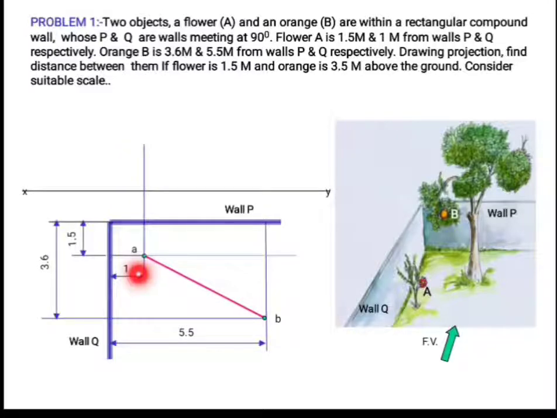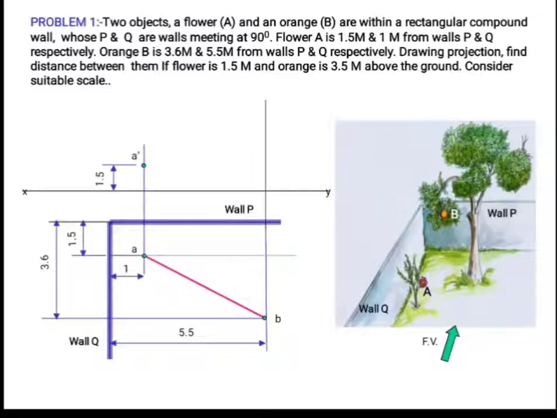Now we know A and A dash will be on the same vertical projector. So through A I am drawing a vertical projector, and the height of the flower is given as 1.5 meter from ground. So marking 1.5 meter and getting the position of point A dash. And we know B and B dash will be on the same vertical projector.